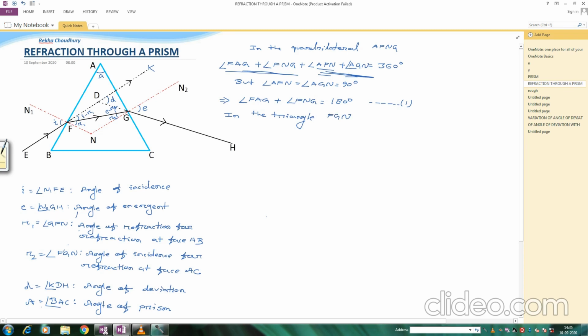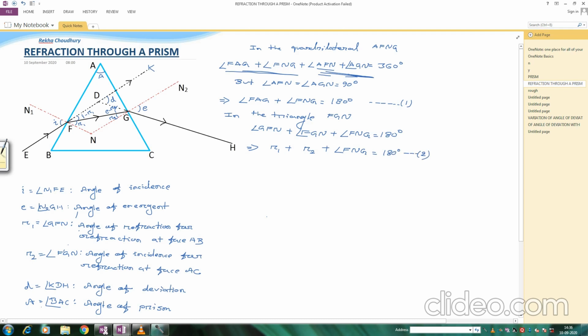That is, angle GFN plus angle FGN plus angle FNG is equal to 180 degrees. We know that GFN angle is R1, FGN angle is R2. Write this as equation number 2.